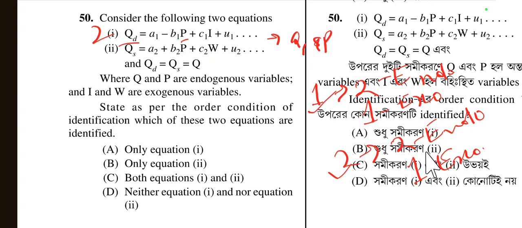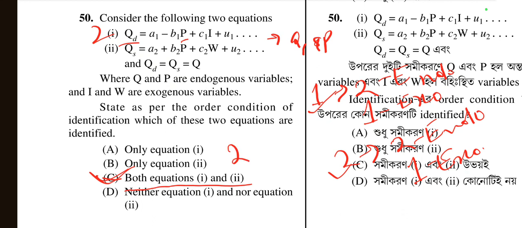So both equations satisfy the order condition of identification. The order condition is that an equation is identified if the number of exogenous variables is at least equal to the number of endogenous variables minus 1.